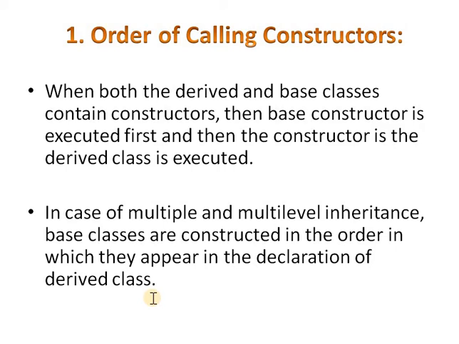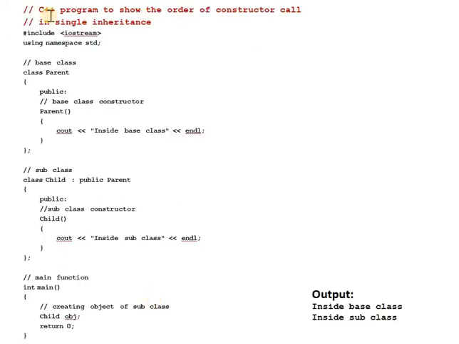Let's see one example. This program shows the order of constructor calls in single inheritance. This program demonstrates the concept of single inheritance in which the constructor is called in a derived class.